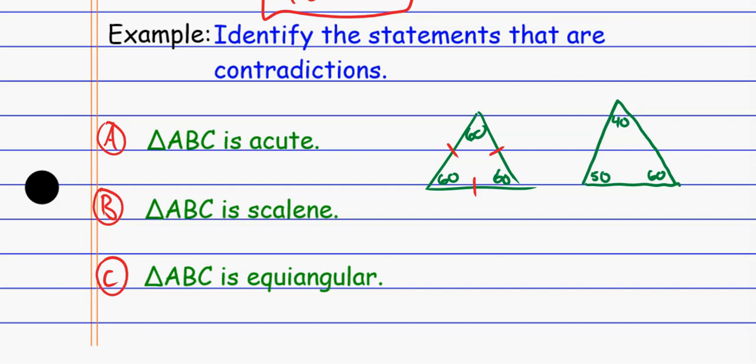Could all the sides be congruent, but all the sides not be congruent at the same time? And so those are the contradictions here. And it wasn't maybe obvious. If I had written equilateral here instead of equiangular, it would be very obvious. But we had to take this a step further and say, okay, I know if it's equiangular, it's equilateral. That can't be, that's impossible if it's also scalene. Okay. So B and C are the contradictions here.